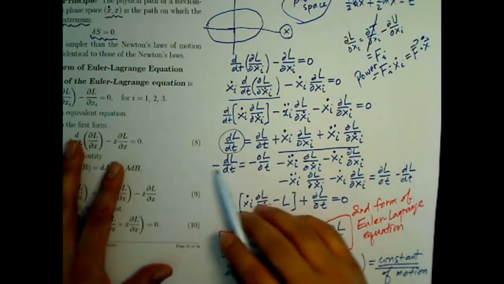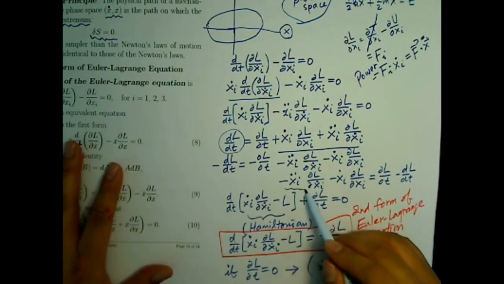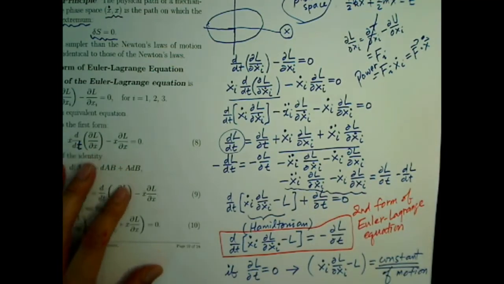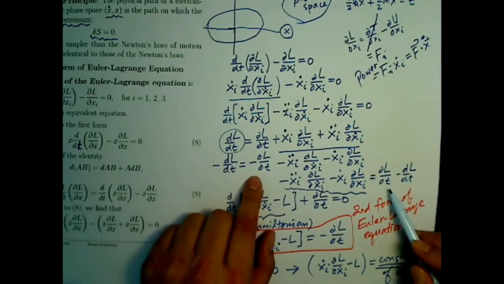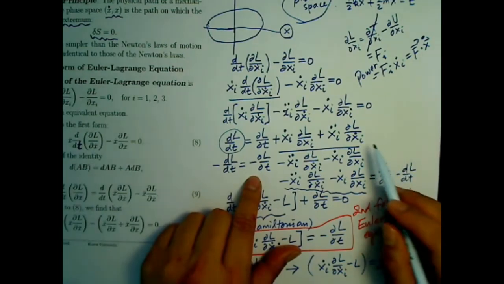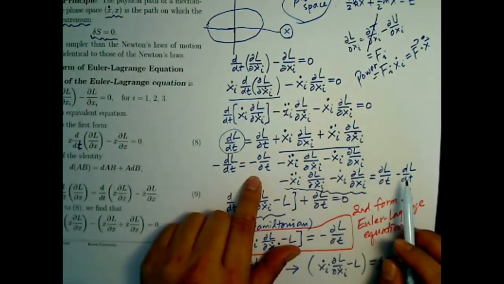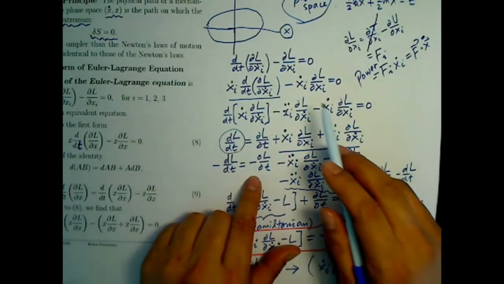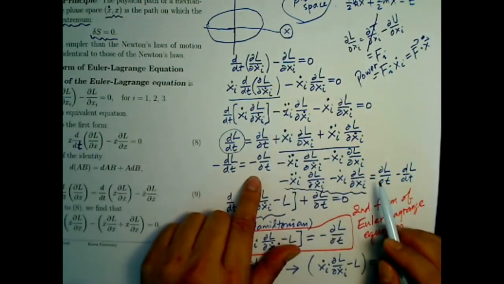Multiply by the negative sign, and if we move this to the left-hand side, you find the partial time derivative of the Lagrangian subtracted by the total time derivative of the Lagrangian. And the total time derivative of the Lagrangian can be included inside the total time derivative. And the remaining piece is this one.